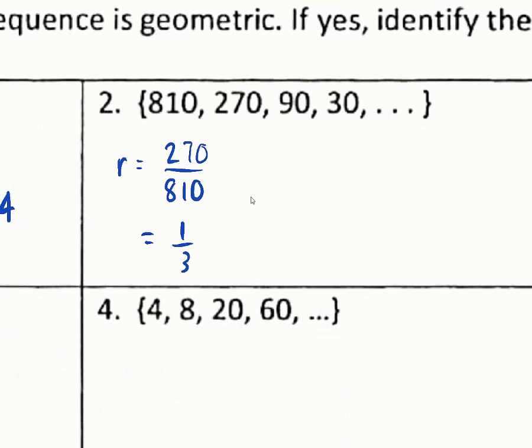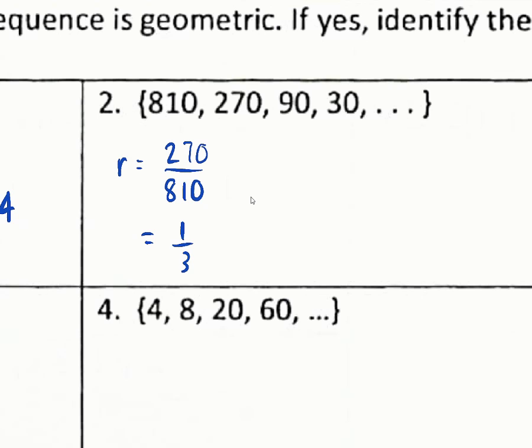So get out your calculator and go 270 times 1/3. Is that not the same thing as 3? No, it's not. It's like dividing by 3. So that worked. What's 90 times 1/3?